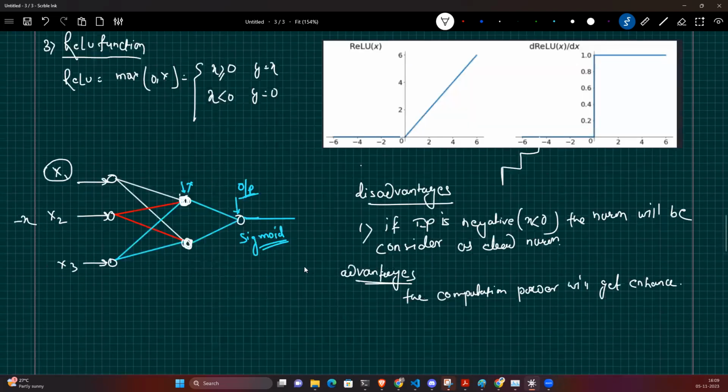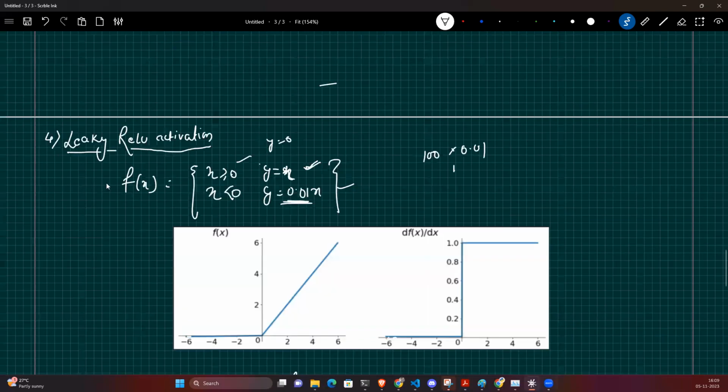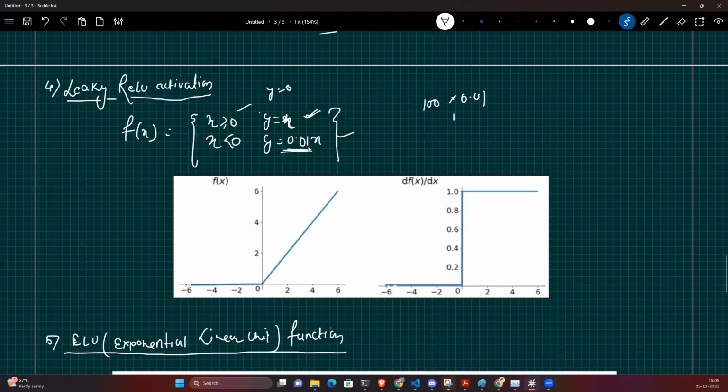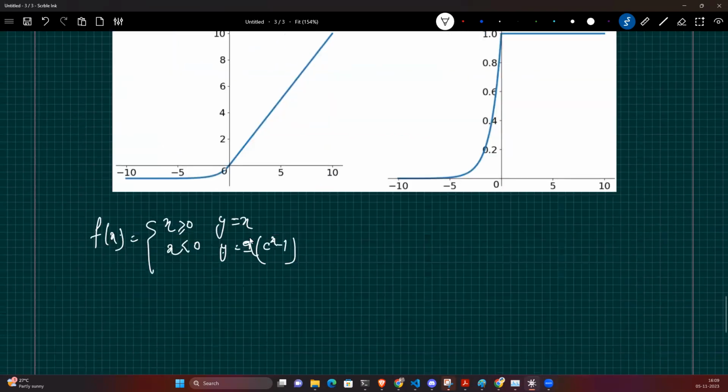Just try to understand: ReLU was developed in the year 1994 and leaky ReLU in 1996. Researchers took 2 years just to update this. And again, after 3 years, they came up with this ELU to solve this problem. And this alpha is again a learnable parameter.